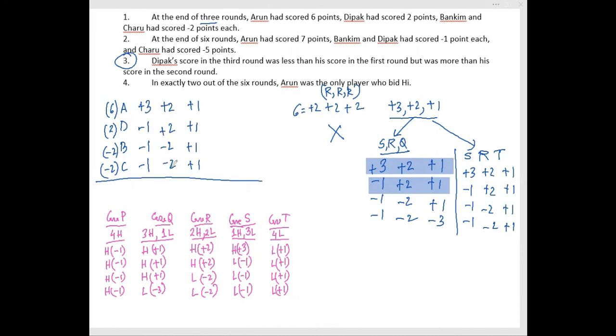So it should be first round, second round, third round. Let me write accordingly. This is the third round. The third round was less than his score in the first round. So the first round will be that, and that should be the second round. More than his score in the second round. So it is done this way.